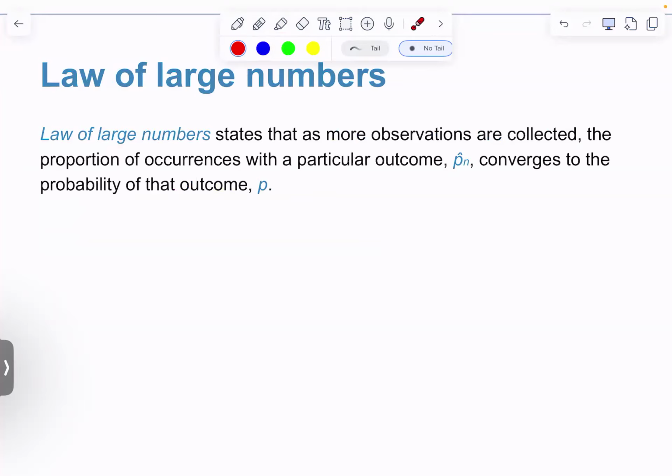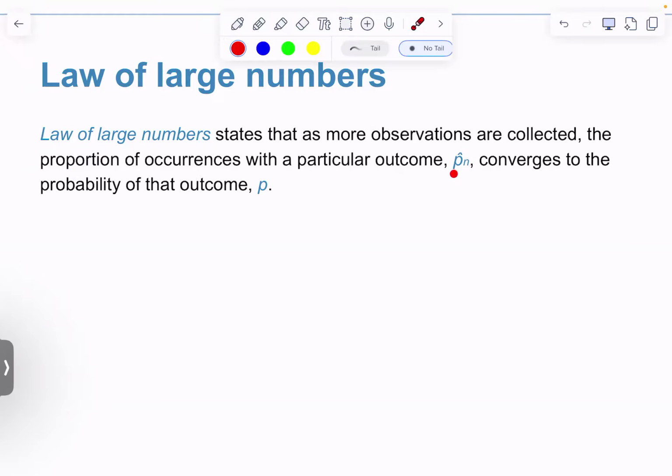The law of large numbers, LLN, is what everything in probability is rooted in. It says that as more observations are collected, the proportion, remember the proportion is the probability, and it can be a percentage of occurrences with a particular outcome.